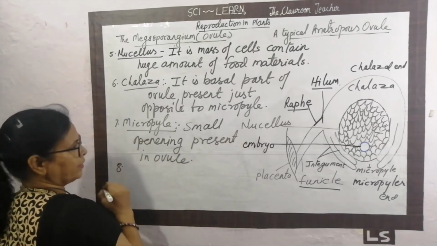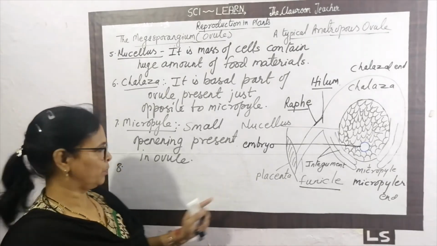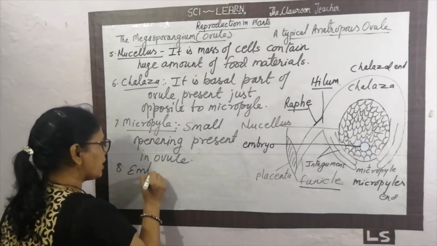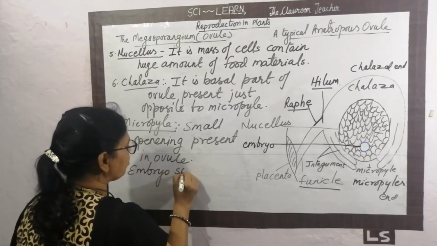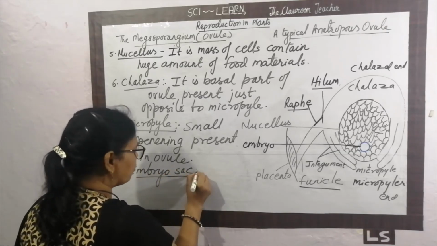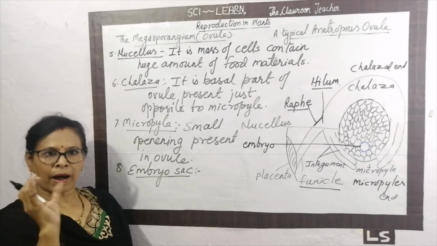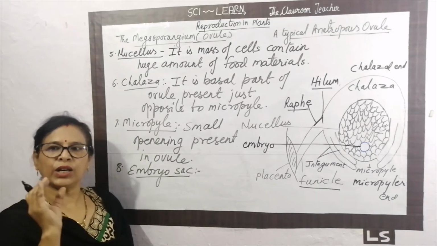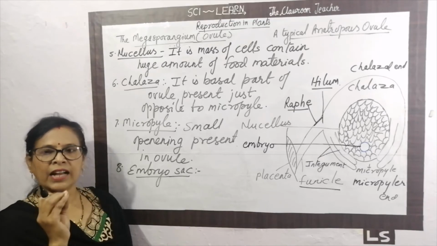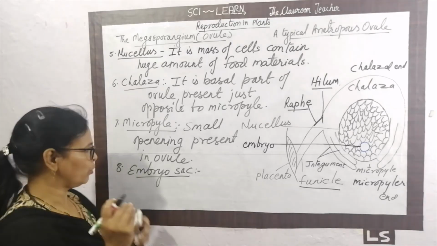Now, one more part here is the embryo sac. Sac is the pocket, the place where the embryo is developed. So it is called the embryo sac. It is the part present inside the nucellus, and it is actually called the female gametophyte.